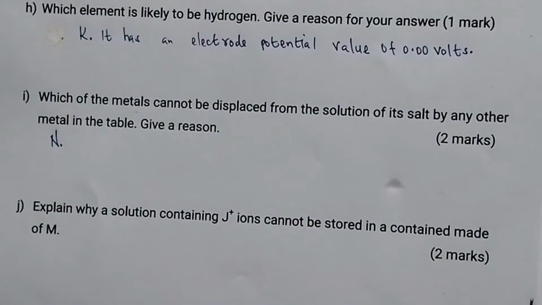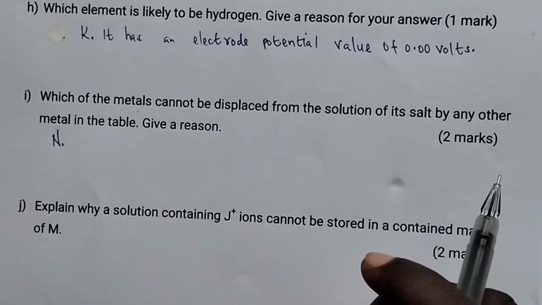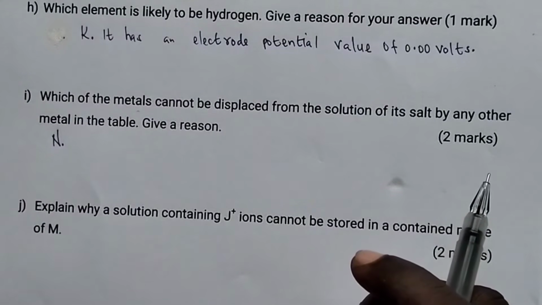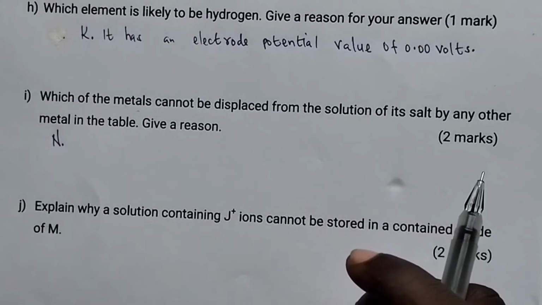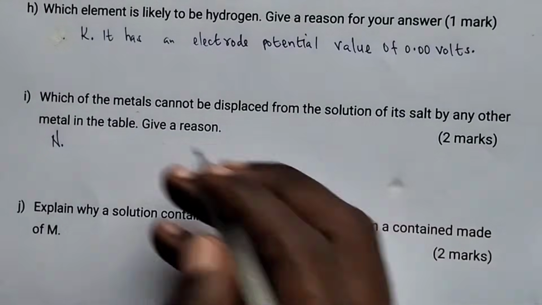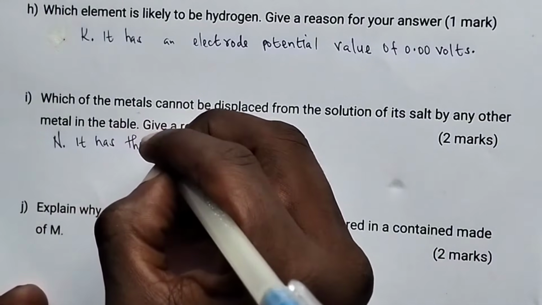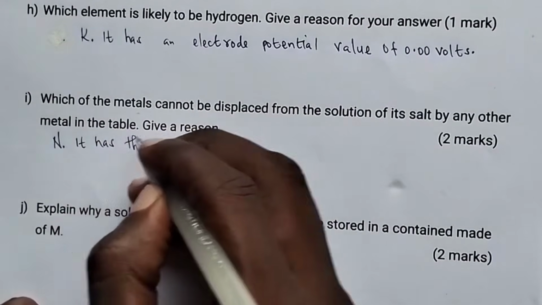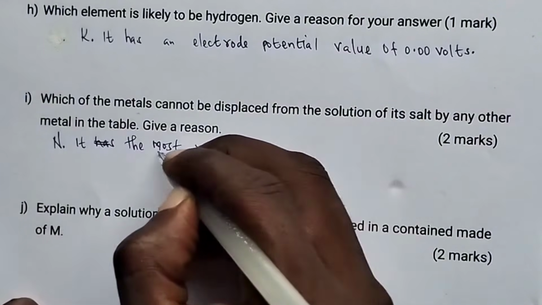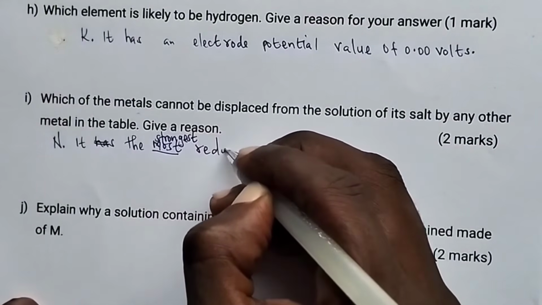So what will be the reason? We can give several reasons. One, we can say it is the most reducing agent. Number two, we can say it has the least tendency to gain electrons. Number three, we can say it has the highest tendency to lose electrons. So we can pick any. So I can say it is the strongest, or the most reducing agent.